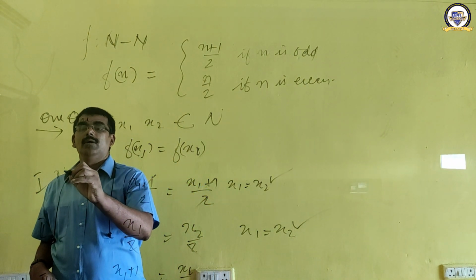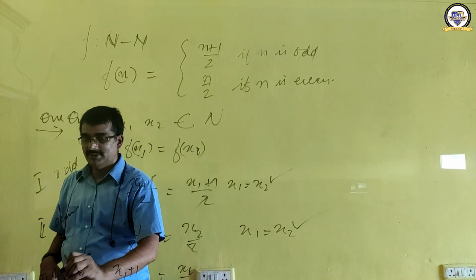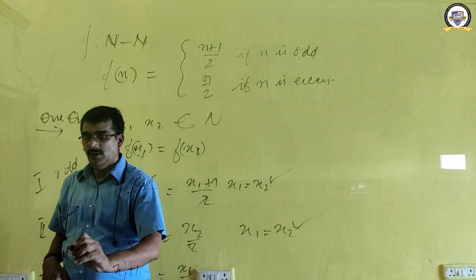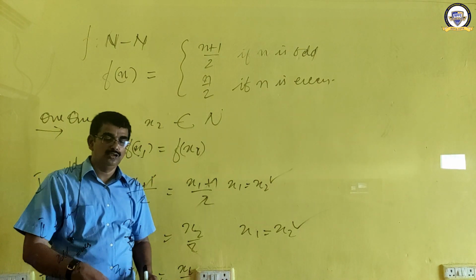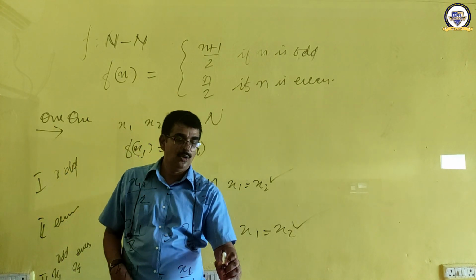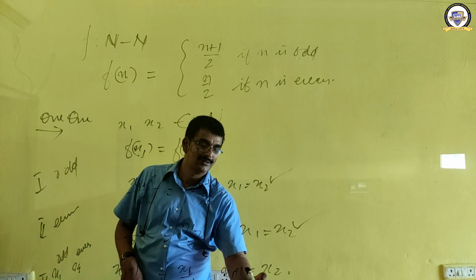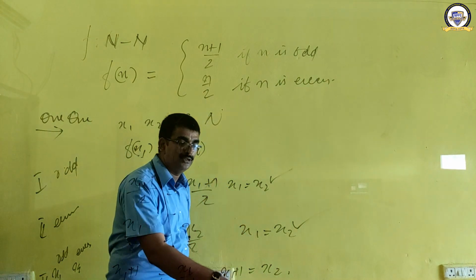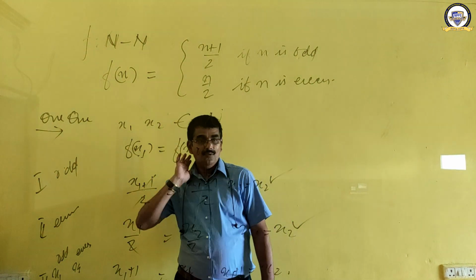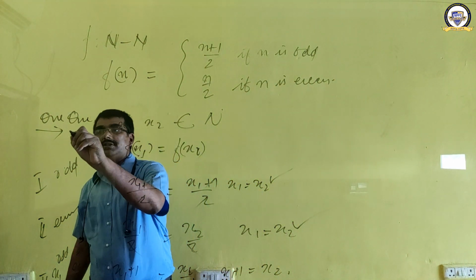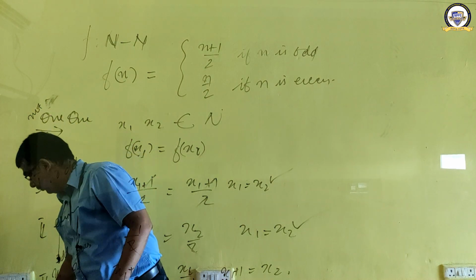Not both odd, not both even, but x1 odd and x2 even. Here the 2s cancel, so x1 + 1 is equal to x2. Therefore x1 is not equal to x2; x2 is equal to x1 + 1. That is why we have to say it is not one-one.